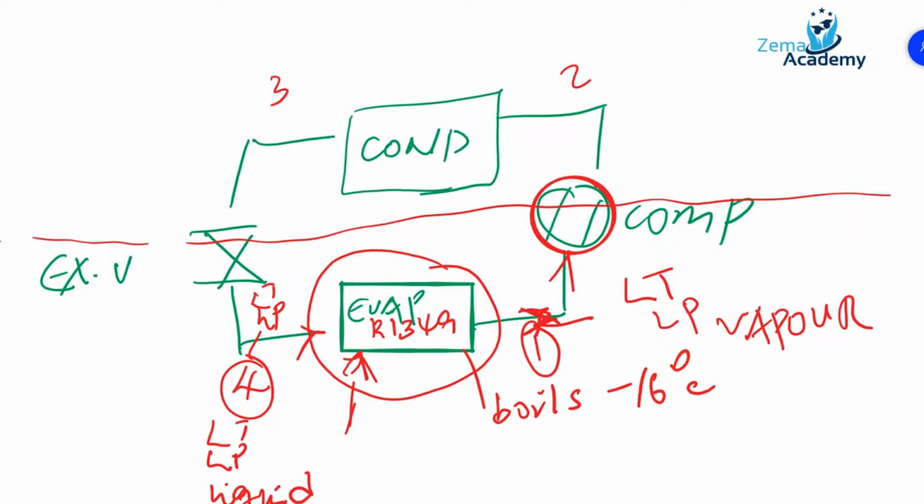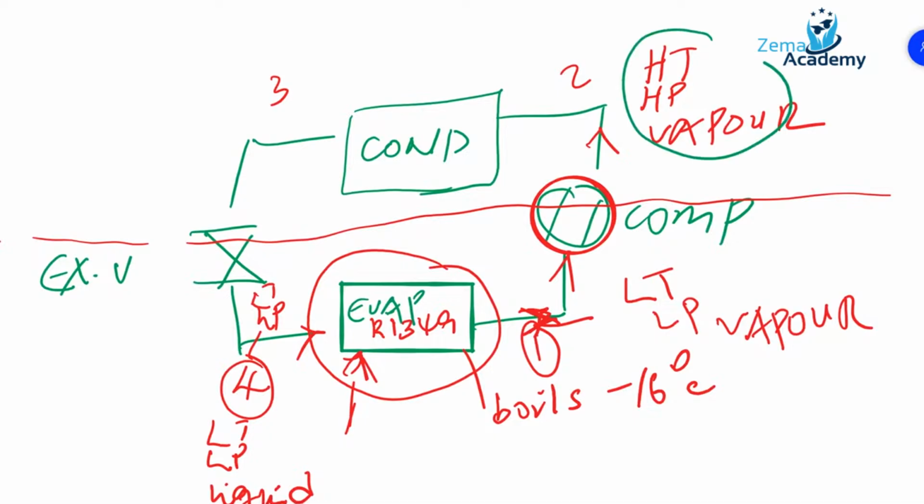By compressing a vapor or gas, reducing its volume, we are able to change its properties. So we use the compressor to reduce the volume of that low temperature, low pressure vapor, and it comes out as high temperature and high pressure vapor.